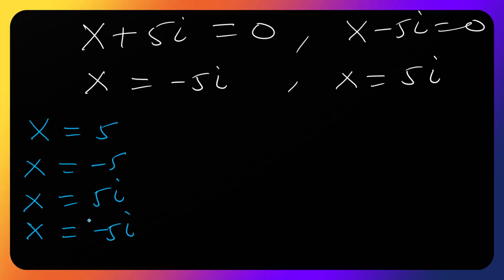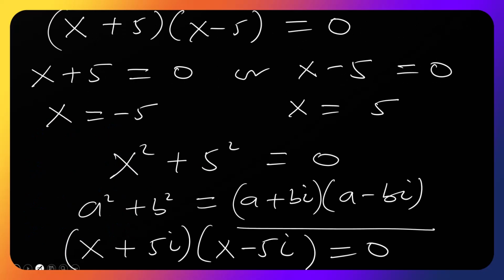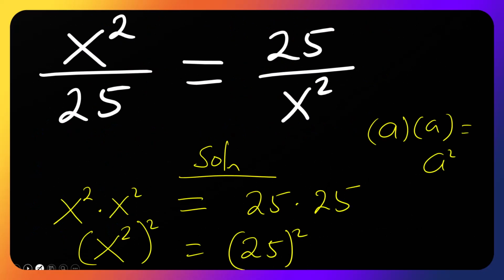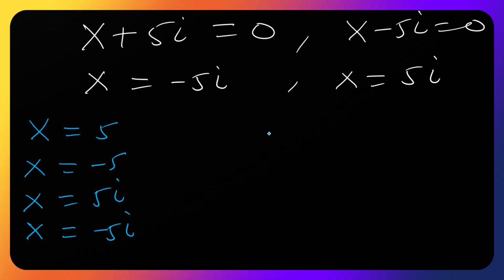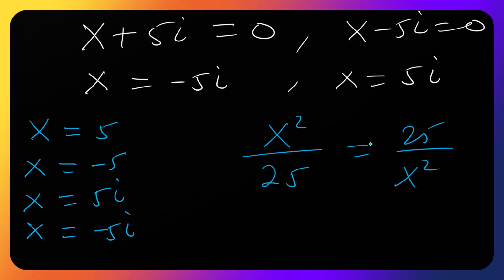Okay, so let's verify if indeed our answers are correct. So let's go back to the question. X squared on 25 equals 25 on x squared. So this is the question. So let's start with when x is 5.